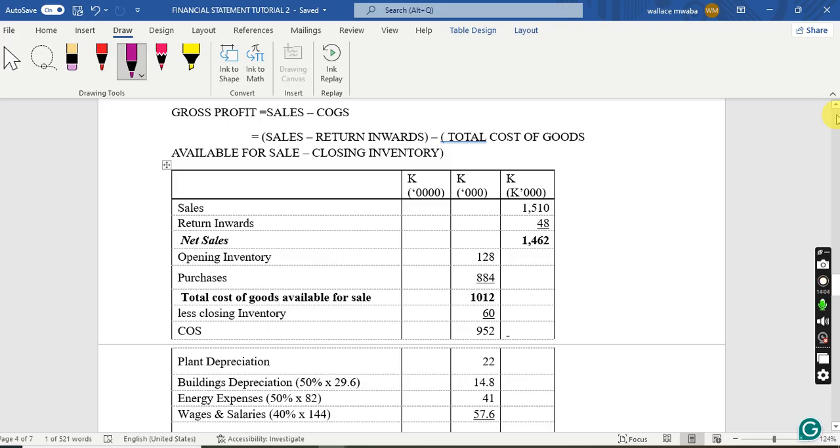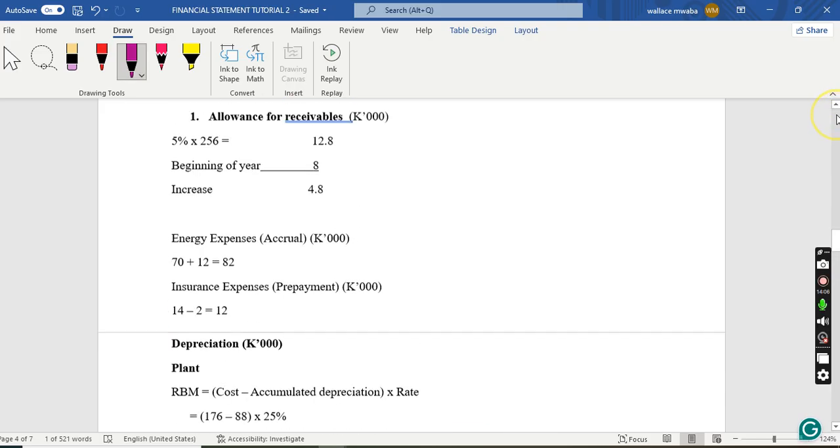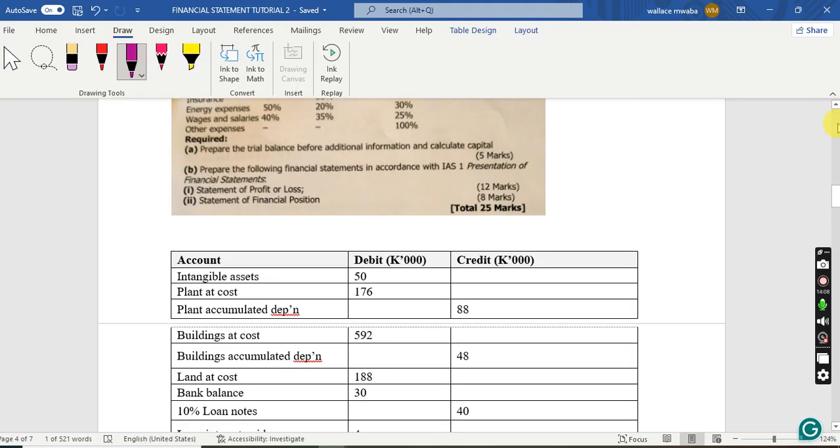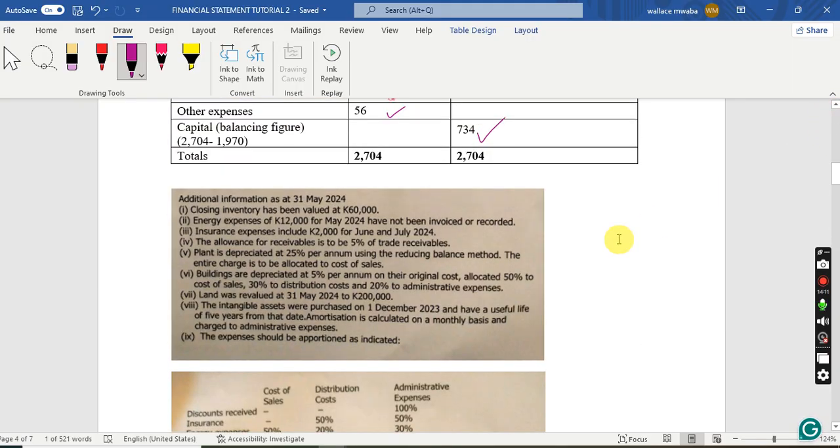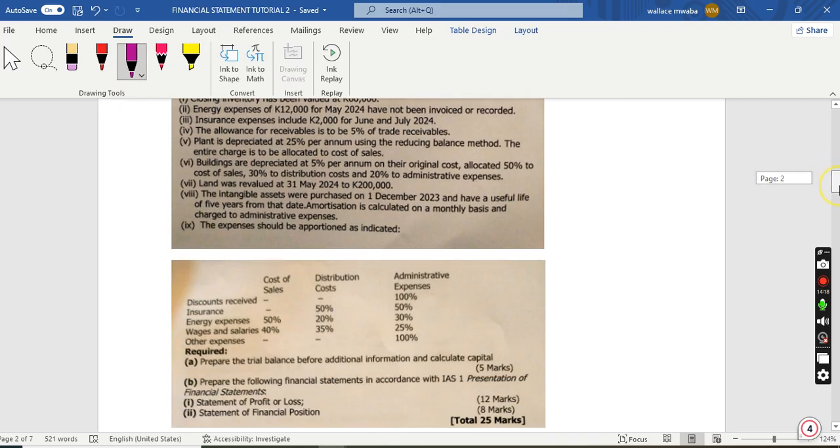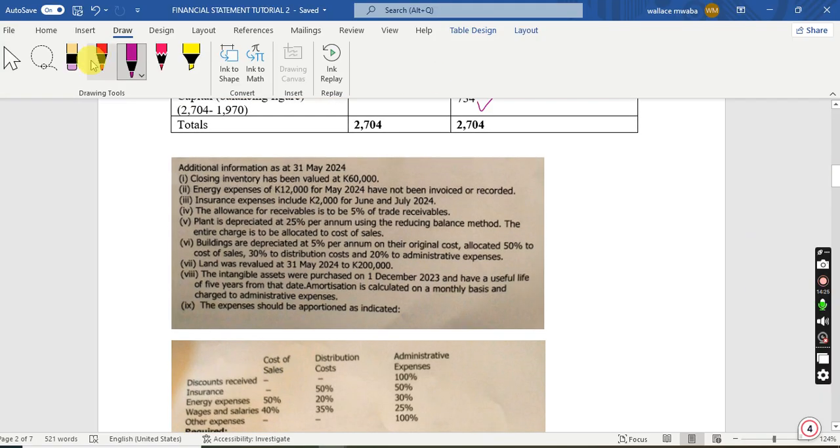Now we've got some adjustments to do. Let's read the adjustments here. If you can see here, energy expenses has to be added to the cost of sales. On this additional information, we've got energy expenses of 12,000 for May 2024 that have not been invoiced or recorded.